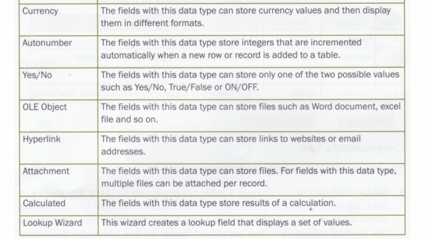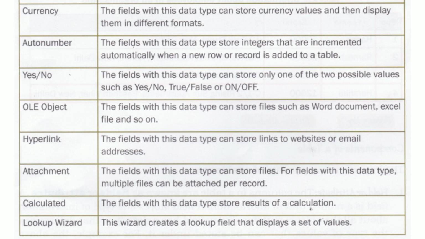Next one data type is yes no. The yes no data type retains true or false value. It provides a checkbox to enter the logical values for data type. The field with this data type can store only one of these two possible values, like either true or false, either yes or no, etc.